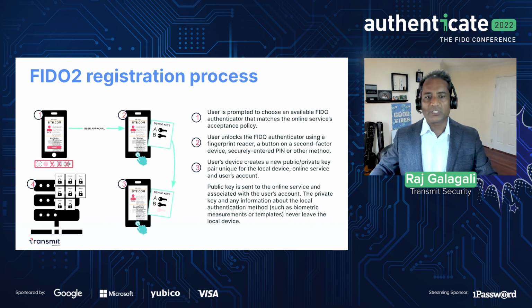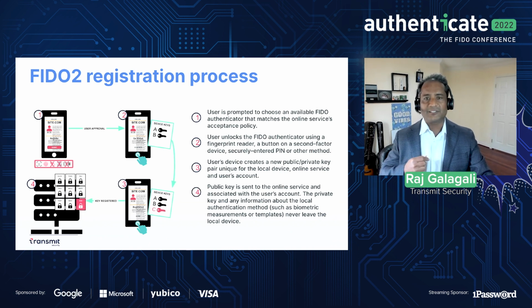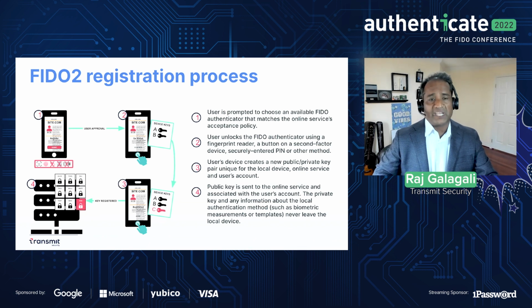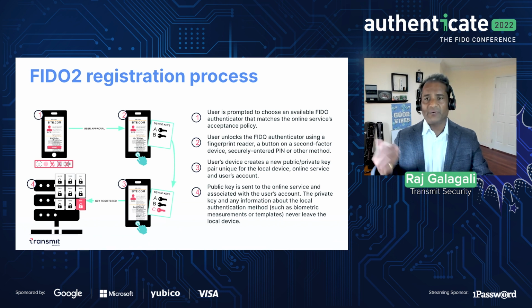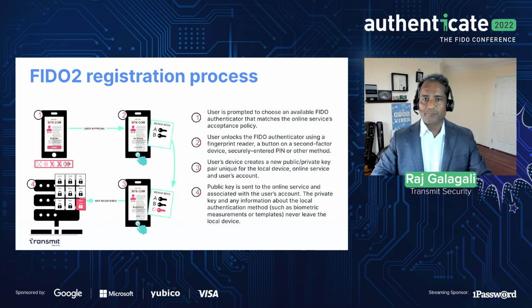Or in other words, what you're seeing over here is, let's say you want to register first to an application. I'm going to call it siteabc.com. We have a user Bob. So siteabc.com, or that application, tells this user, hey, I want you to register for passwordless service.